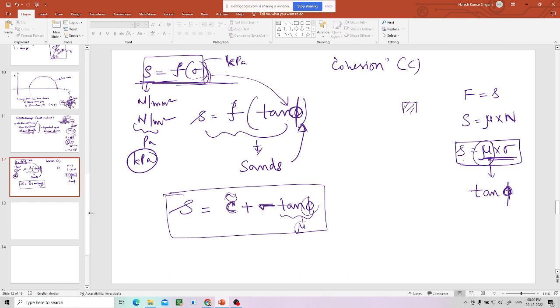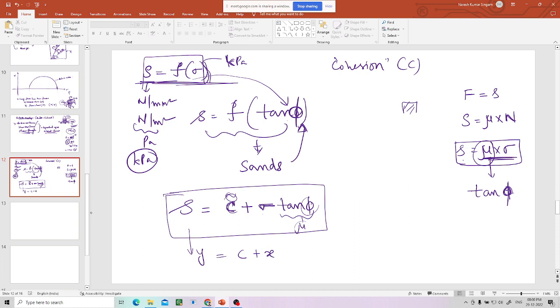Now if you draw a graph, it looks like this: this is y. Let us say cohesion is constant, it has a constant value. Sigma is this x.